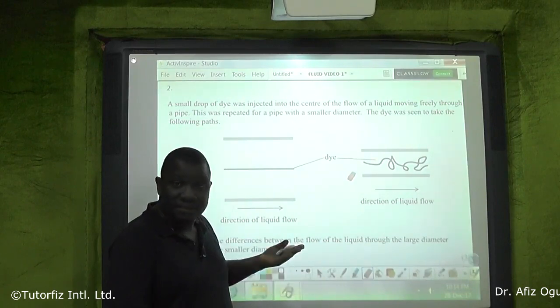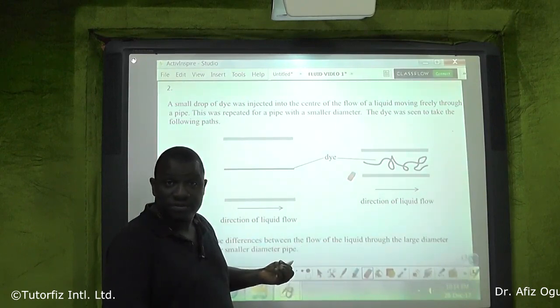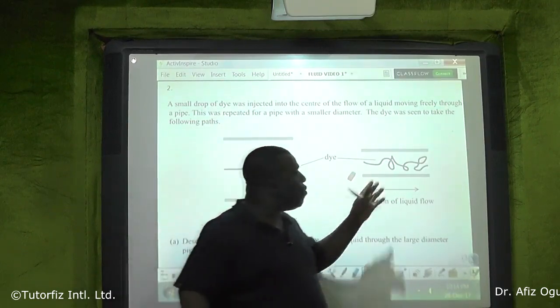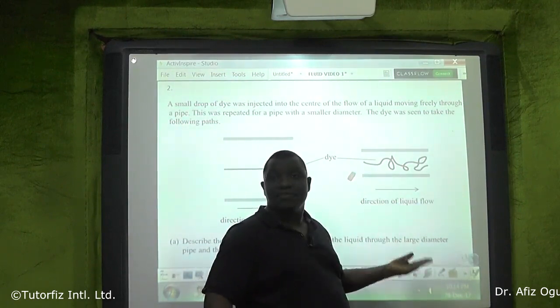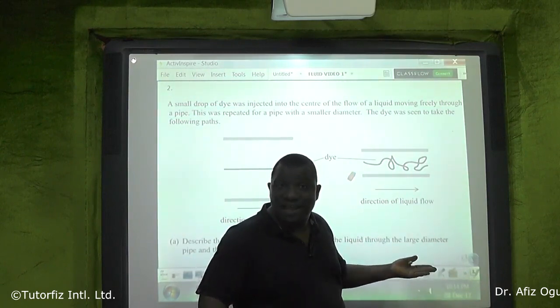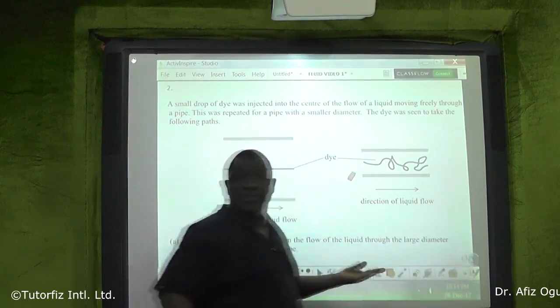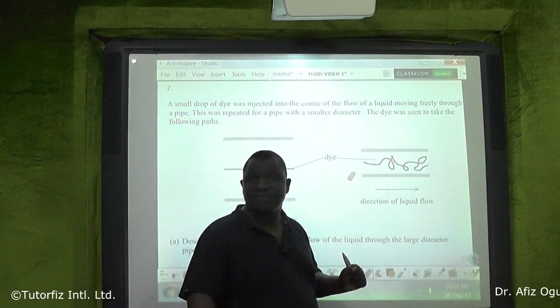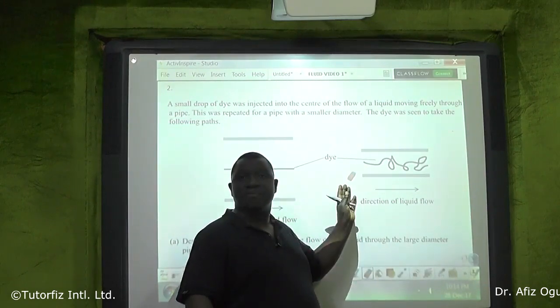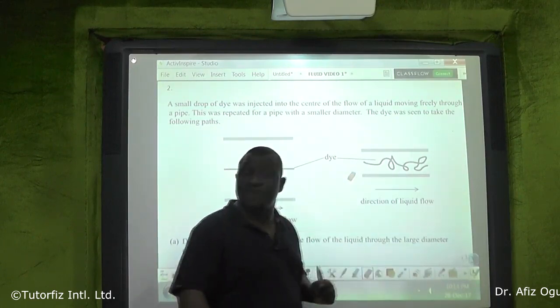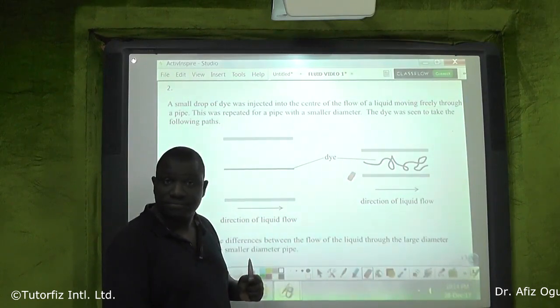For gases, at higher temperature, what happens? You should be able to tell me. It's the opposite of that of liquid. So for a liquid, when the temperature is high, it becomes less viscous, and when it becomes less viscous, it flows faster. A more viscous fluid flows slowly. So maybe the temperature is higher here, or maybe there was a pump which sped it up.